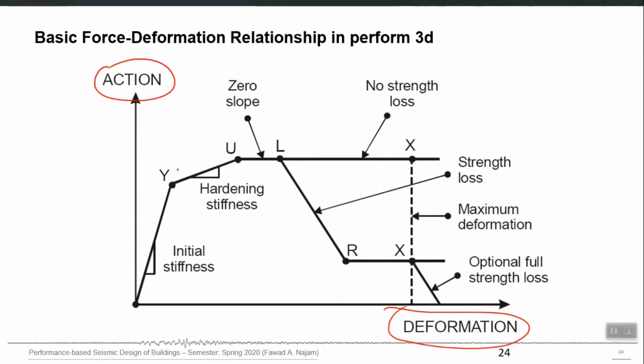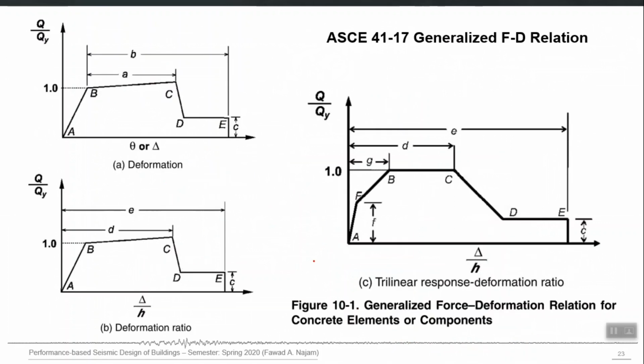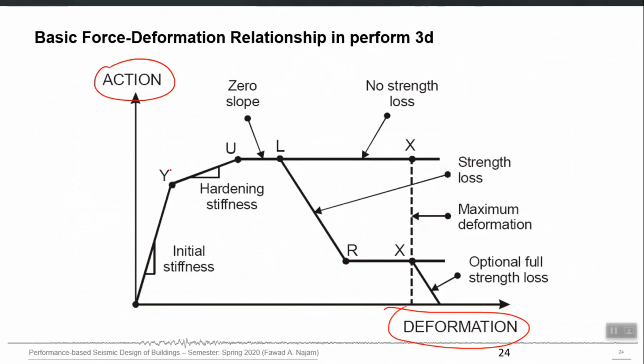So, Perform calls it the YULRX curve, right. ETABS calls it, I think, ABCD following ASCE 41. So, Perform calls it YULRX: Y yield point, U ultimate point, L from where the strength loss starts, R where the residual strength is retained, X the last point beyond which there is no physical meaning in continuing the analysis, right.